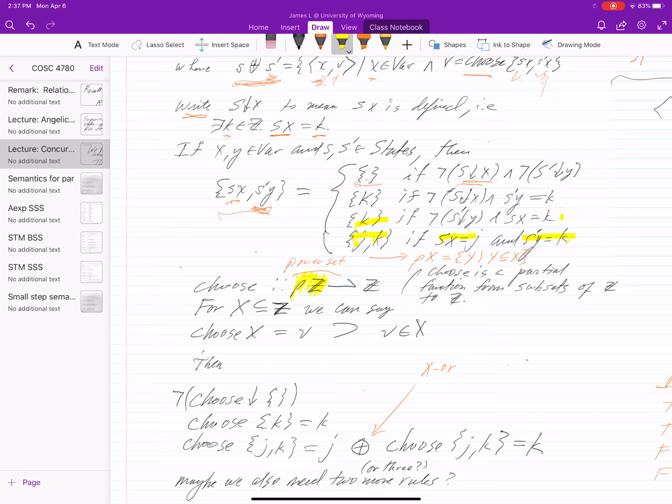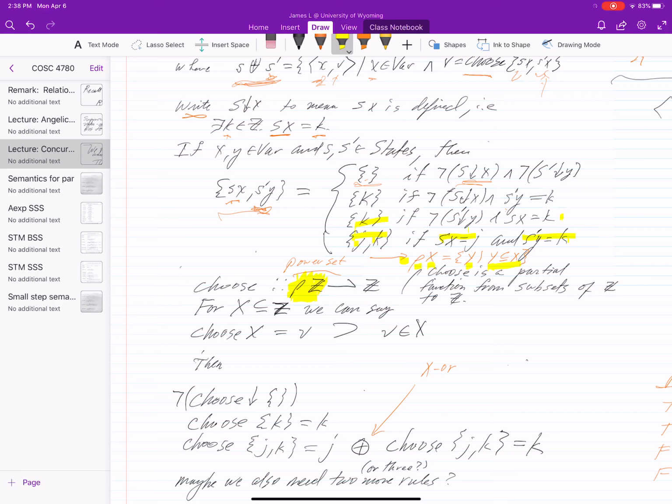So rho of x is defined as the set of all y's such that y is a subset of x. So rho of ints is the set of all subsets of ints, because remember, our partial valuations may not be defined for some inputs.